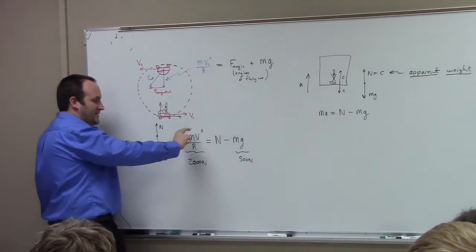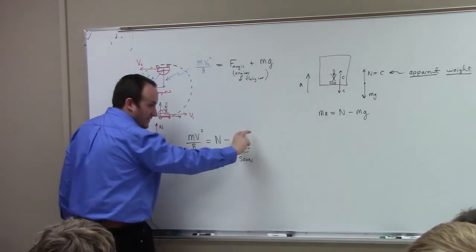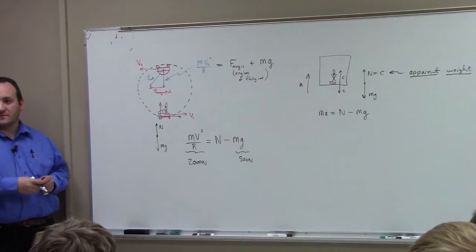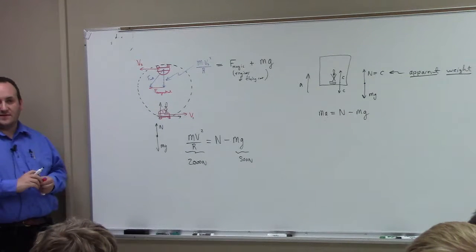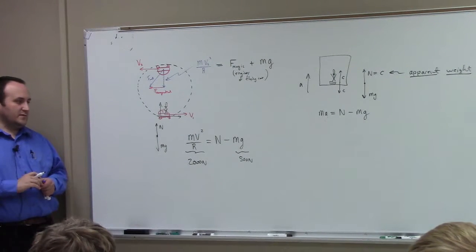So philosophically, this is not a force, whereas these are. That's Newton's second law, ma is equal to F. These things are equal, but they're not the same, philosophically. It's kind of a subtle point.